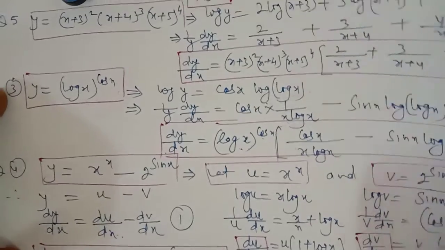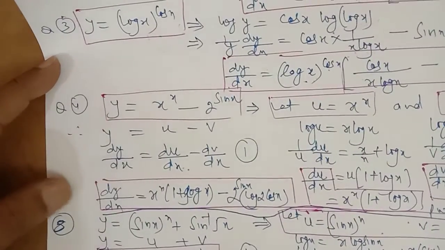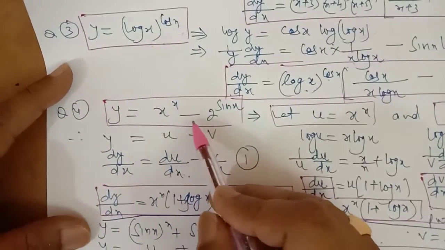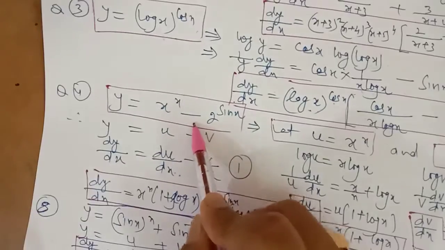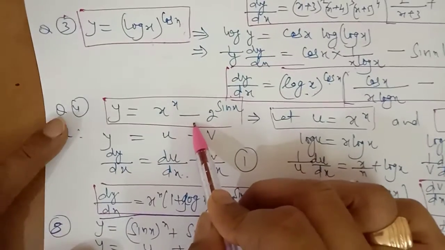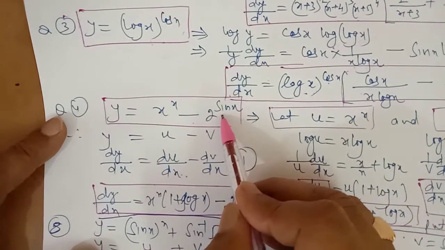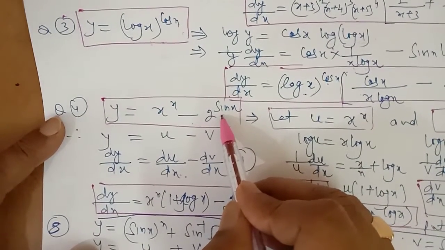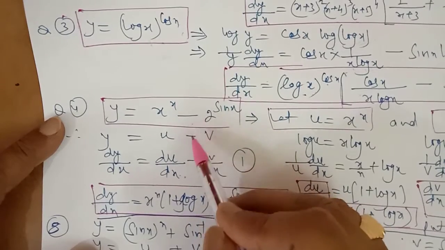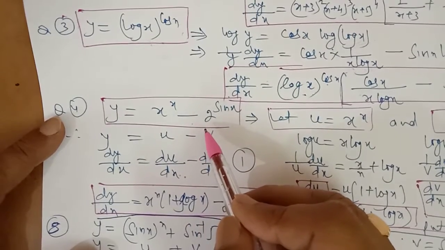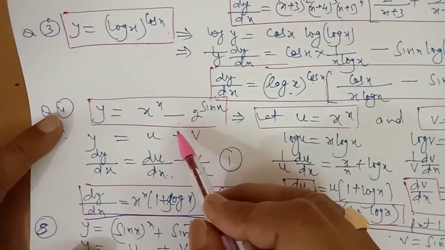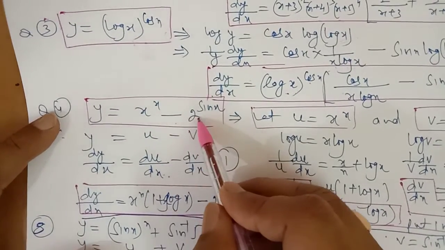Now one thing more, from question number 4 onwards, we have the positive or negative sign between the two or three expressions. In that case, you cannot take the log directly because we don't know the properties of the log when we have the plus or minus sign between the functions. So in that case, you have to differentiate individually.